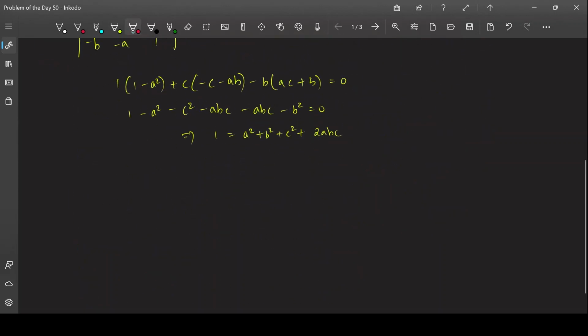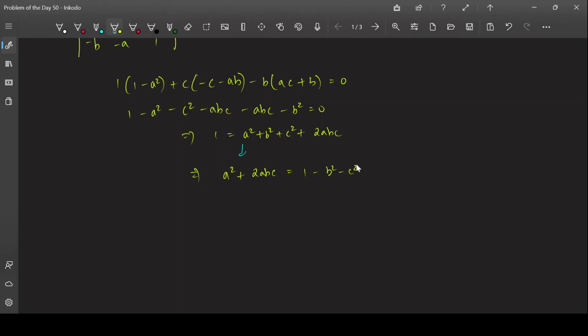Let us assume that the question is talking about a, and we shall proceed further. We will keep the a terms on one side, a square plus 2abc, and send the other parts to the other side, 1 minus b square minus c square, because we are confining ourselves to a, whose range we know is between 0 and 1.